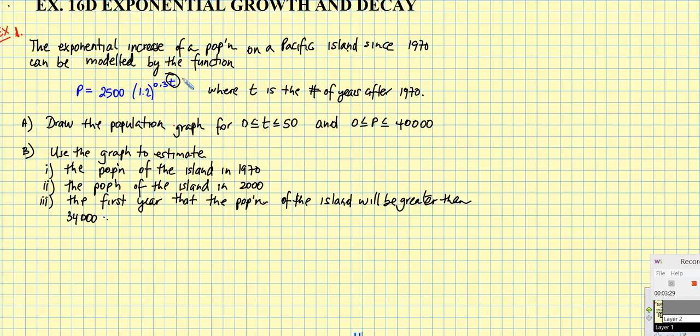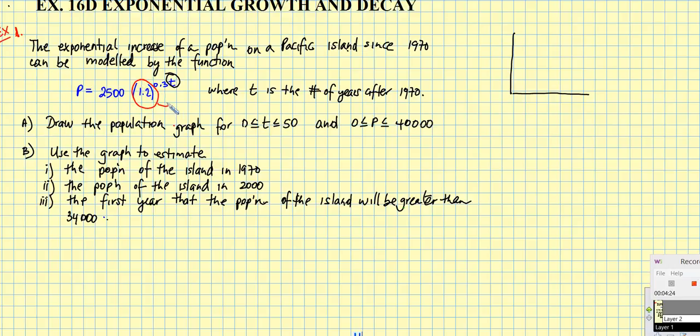All right, so the first thing I would do is try to analyze this graph before we even graph it. So I would analyze the function. Taking a look at the function that's given, 2,500 times 1.2 to the power of 0.3t. The first thing I notice is that my value of b is the actual growth factor.